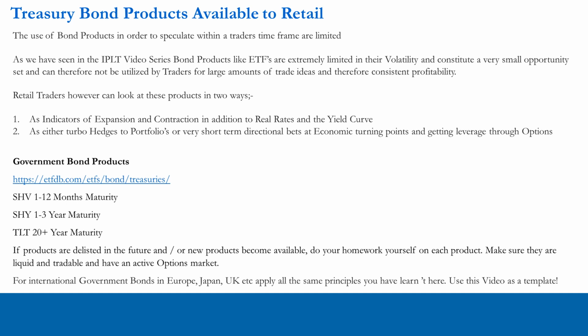For international government bonds in Europe, Japan, the UK, etc., just apply all the same principles that you've learned in this video. Apply all the same principles to bond markets around the world. You need to take the same approach. This video is really a template that can be transported and used in global bond markets. Just use this video as a template.